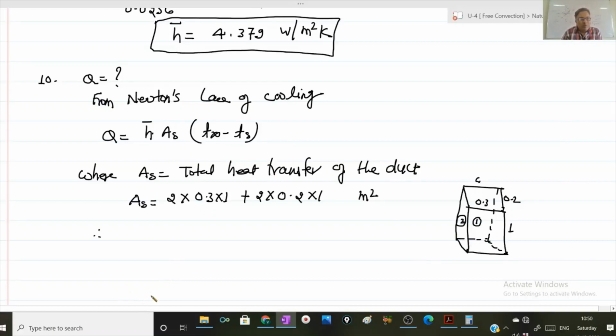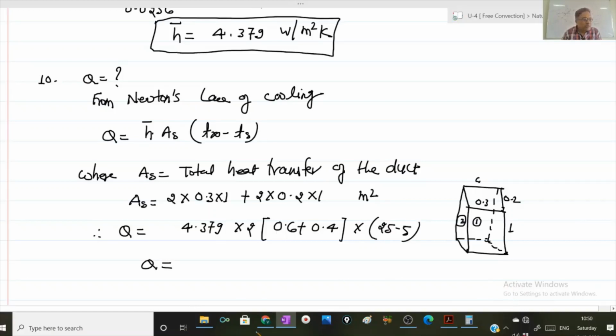So putting this value into the expression of heat transfer rate, it will be 4.379 into twice of 0.6 plus 0.4 into 25 minus 5 degrees Celsius.